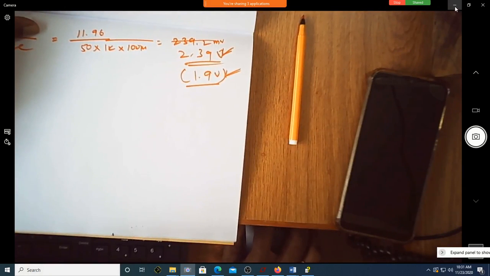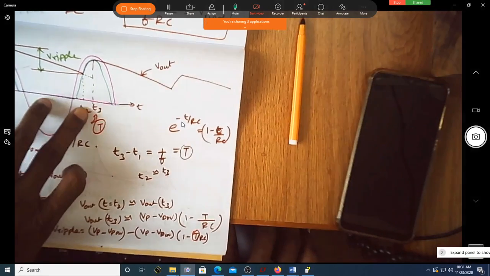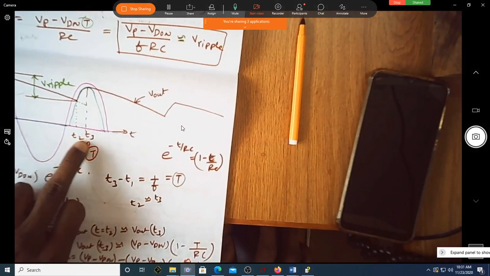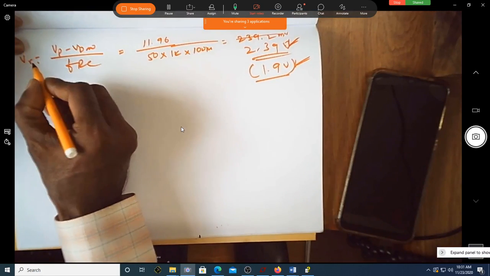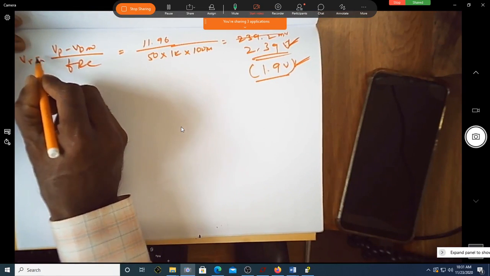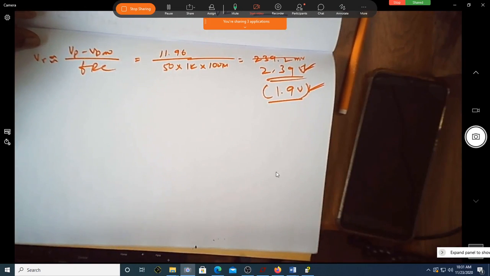So you have to know why there is a difference. The difference is because of this approximation, because here T2 is not exactly equal to T3. And we also wrote that V ripple is not exactly equal to, but approximately equal to. Am I correct? Yes, sir. Is there any question to anyone?